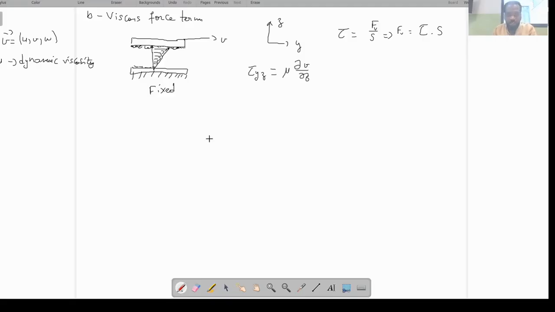So we keep working with the same fluid element, the same cube.